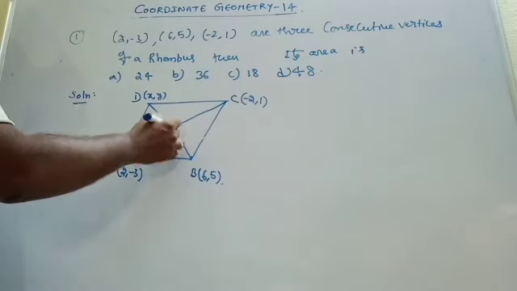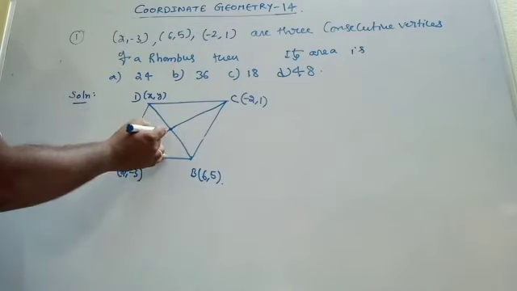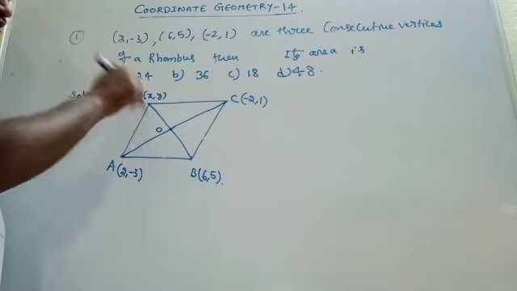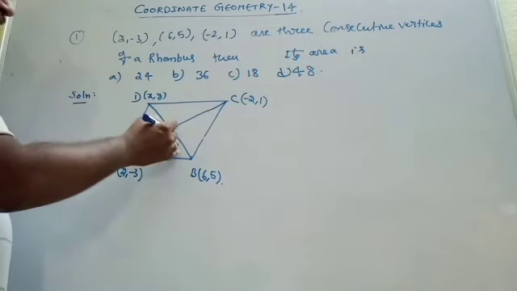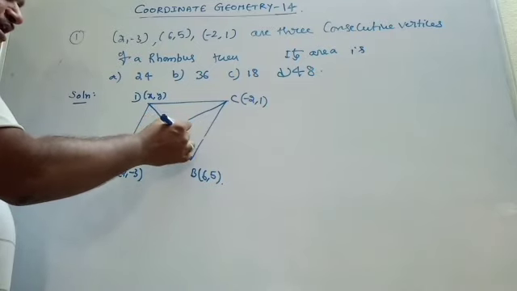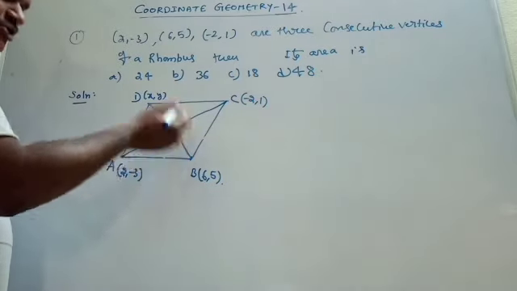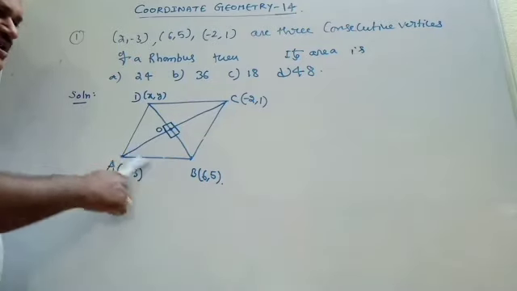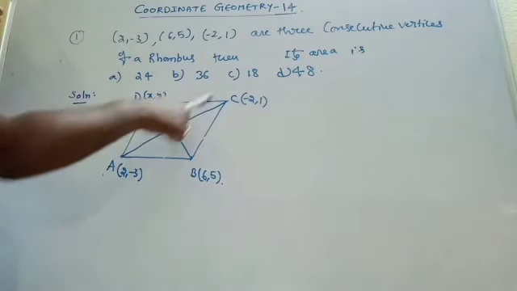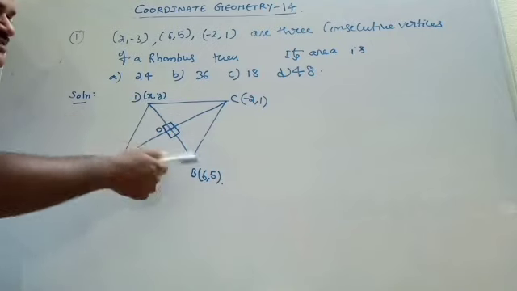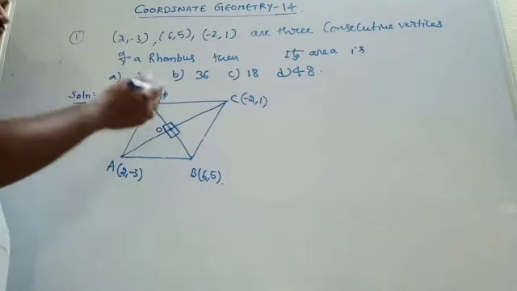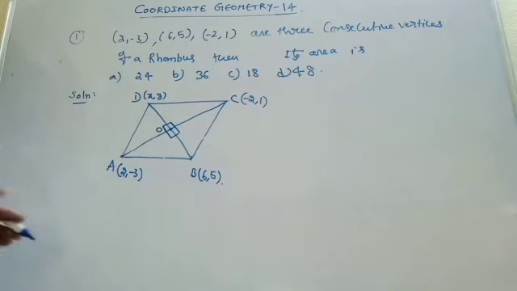Or else you can find the area of this triangle and double it, because this diagonal will divide the rhombus into two equal areas. If you find this area and double it, then also you will get the area of the rhombus.